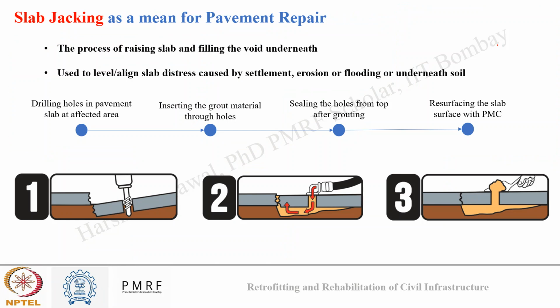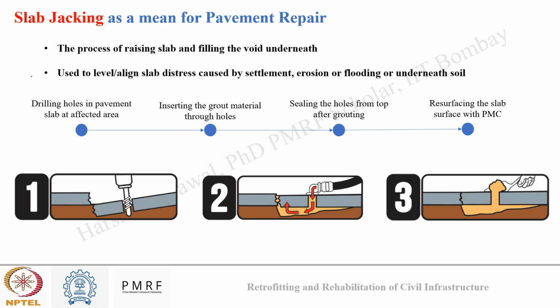Now, as a special case of strengthening, there is one more thing that we can talk about, that is slab jacking. Initially we saw this is for pavement slab, as we talked about in one of the methods of strengthening. In the previous session also we saw one example where there was a disoriented slab and it was repaired by grouting inside.